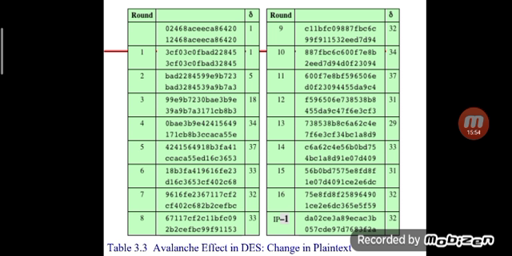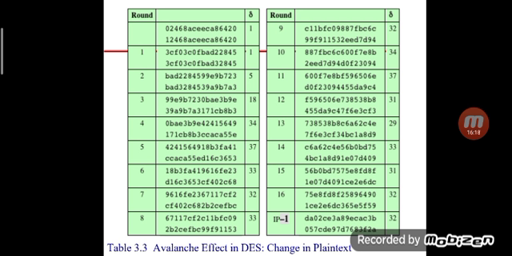Now here we can consider the table of the avalanche effect in the Data Encryption Standard. We can consider the plain text and a key. Here first we are going with the plain text. We have two plain texts, plain text 1 and plain text 2.